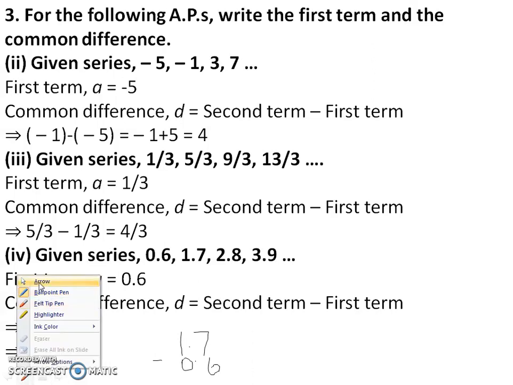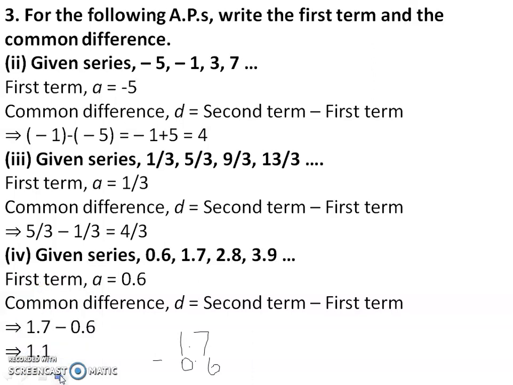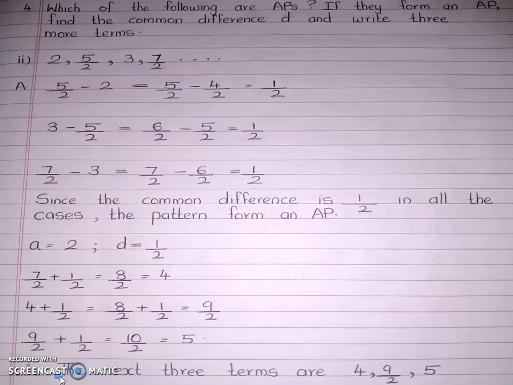Next one. Next you can see we are going to enter into the fourth main. Which of the following are APs? Here you are given some series and you have to find whether the given series is an arithmetic progression.